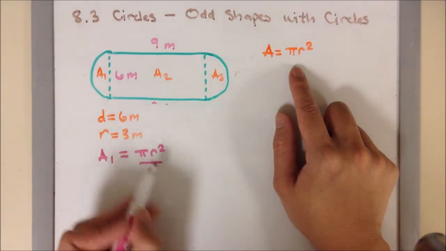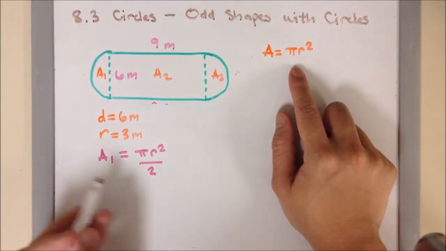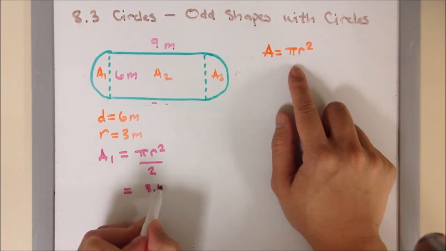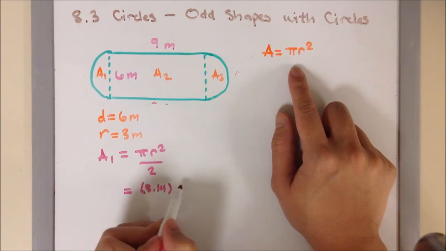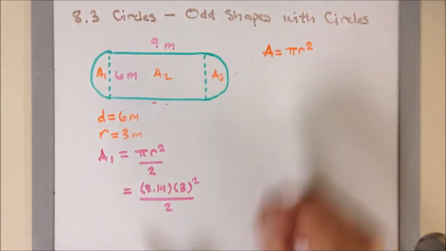Now, I'm going to fill in my radius and my pi, which is 3.14. So we have that.